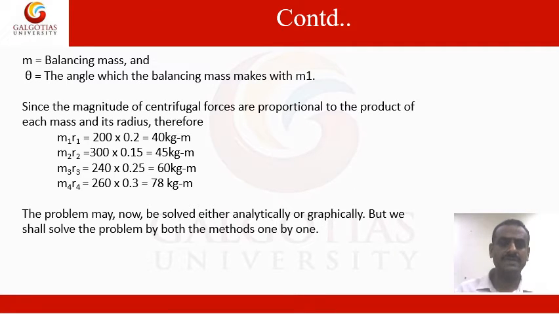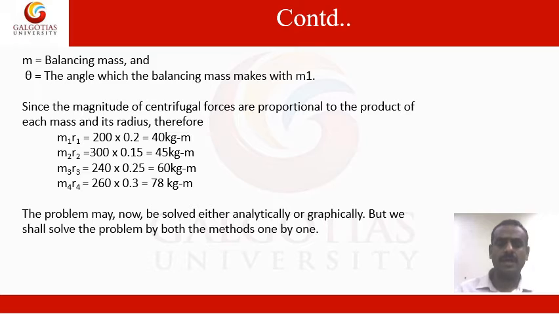As we know, m is the magnitude of the balancing mass and r is the radius of location of the balancing mass. Let theta be the angle which the balancing mass makes with mass 1, that is with the horizontal axis. The magnitudes of the centrifugal forces are proportional to the product of each mass and its radius.